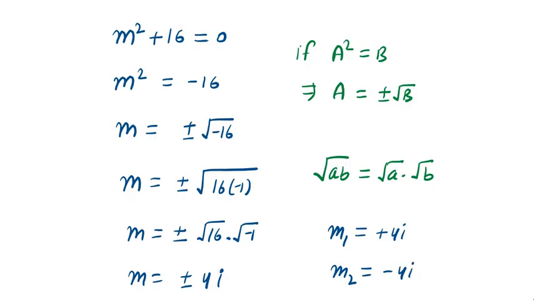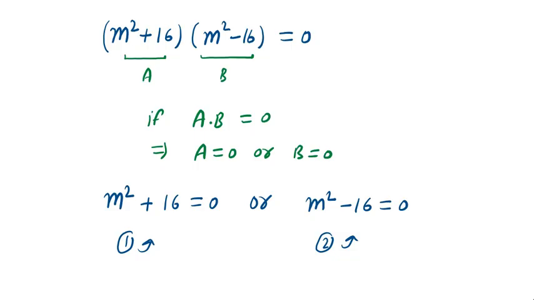Now solve case second. And case second is m square minus 16 is equal to 0. Here m square minus, we can write this 16 as 4 square, is equal to 0. On the left hand side, we have the difference between two squares.